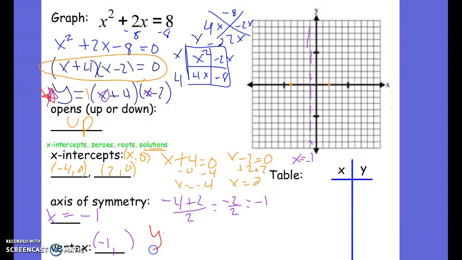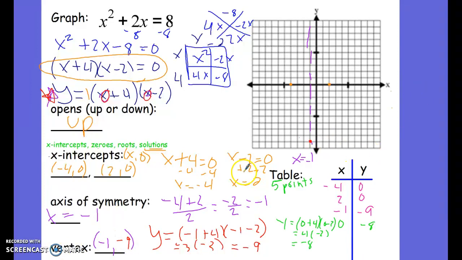So I'm just going to take my x value, -1, and plug it into that equation, and then evaluate that. -1 plus 4 is 3. -1 minus 2 is -3. 3 times -3 is -9. So our vertex is the point (-1, -9), and I'm going to graph that.